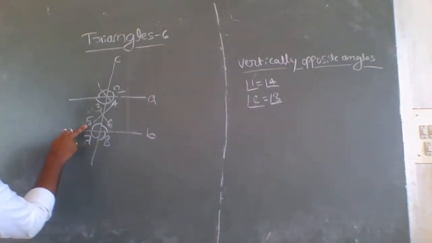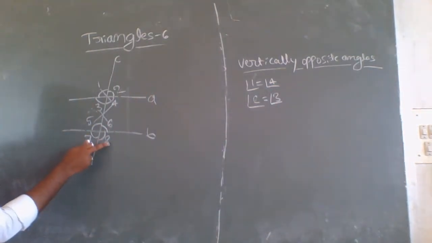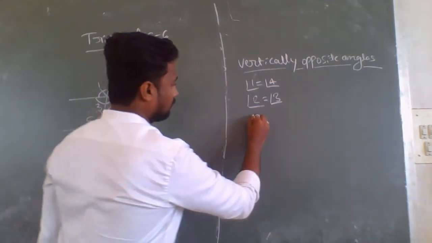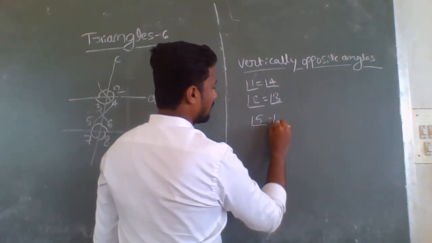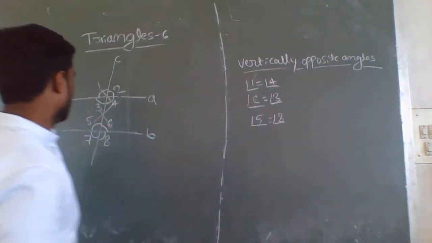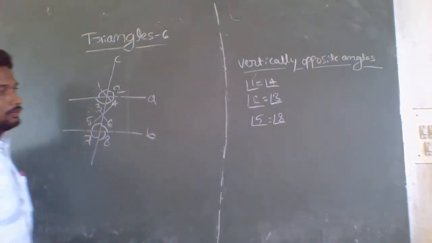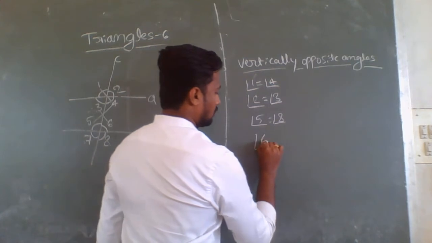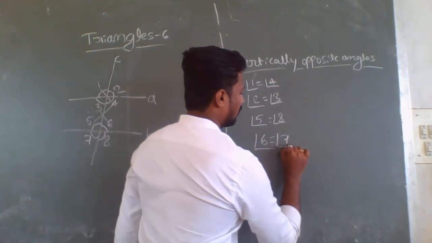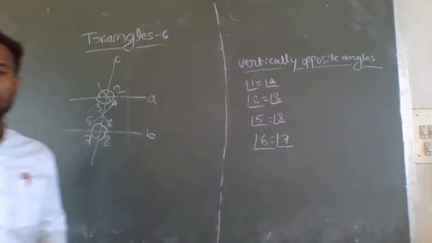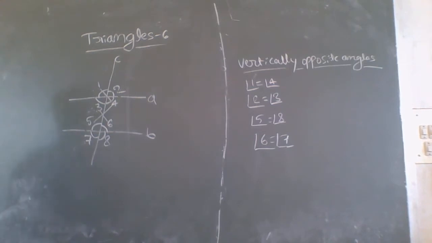So here angle 5 is equal to angle 8. Like this only, angle 6 is equal to angle 7. These all are vertically opposite to each other.